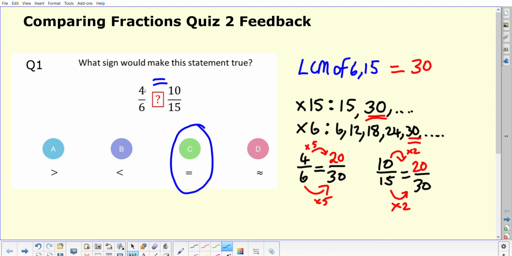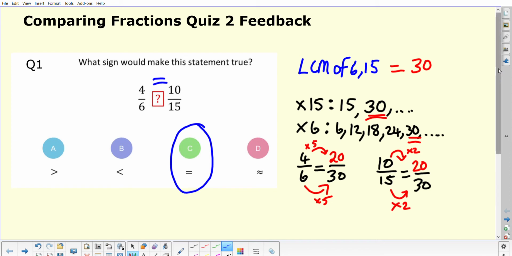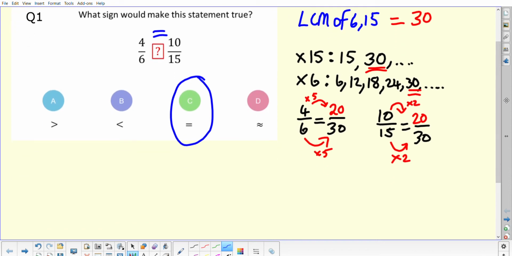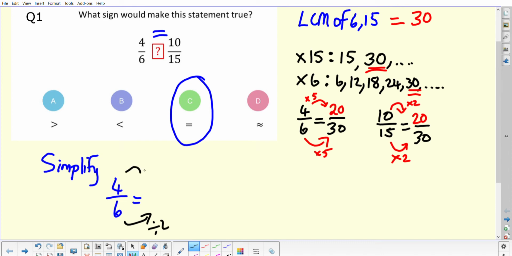Now that is not the only way you could do this question. You may or may not have spotted that we could do this question by finding equivalent fractions by simplifying. So you might have spotted that if you simplify 4/6, it's got a common factor of 2, top and bottom. So dividing by 2 would get us to the fraction of 2/3.